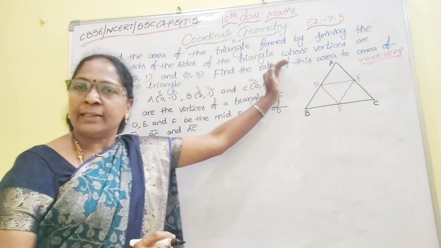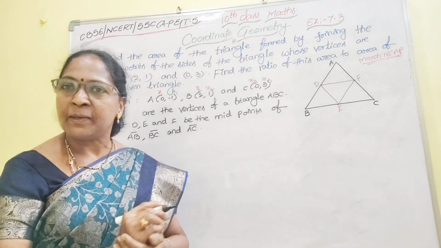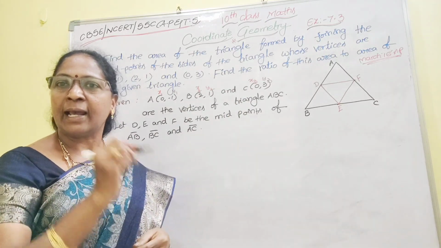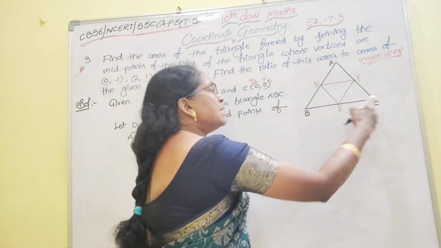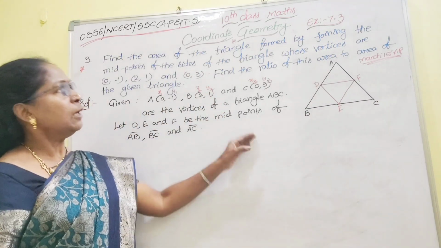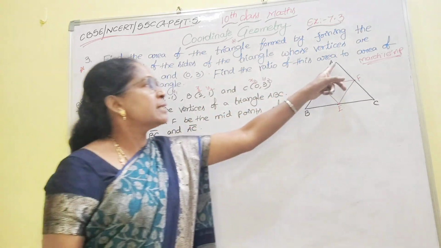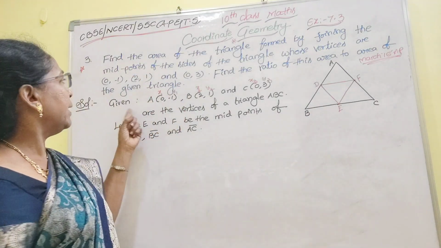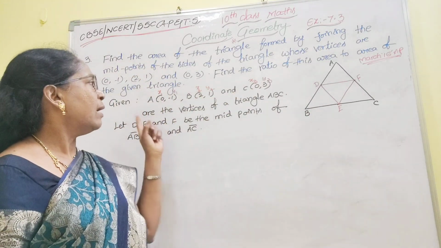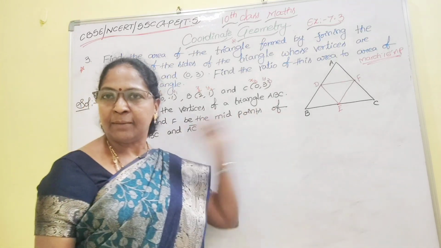The area of the triangle formed by the midpoints of the sides of the triangle ABC. This is the given triangle ABC whose vertices are given here. A, B and C are the vertices of a triangle ABC.